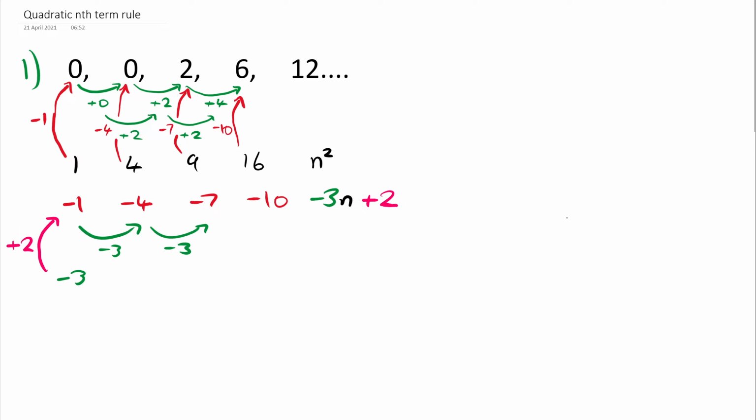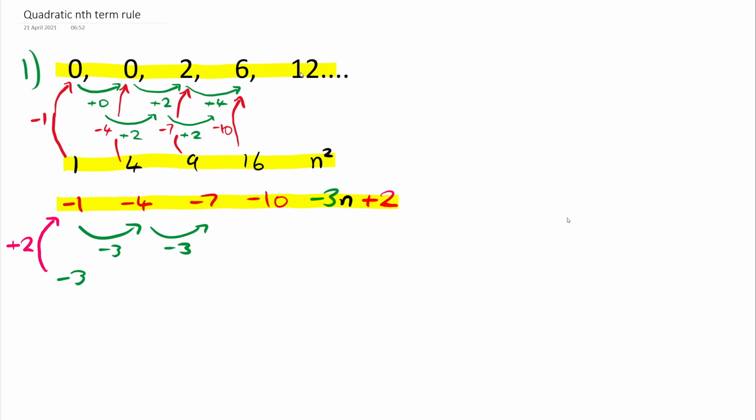Now, let's not lose sight of the fact of what we've just done. We have found that this sequence here, n squared, combined with this sequence here, negative 3n plus 2, makes this sequence here. Just look at it. 1 and negative 1 is 0. 4 and negative 4 is 0. 9 and negative 7 make 2. 16 take 10 is 6.